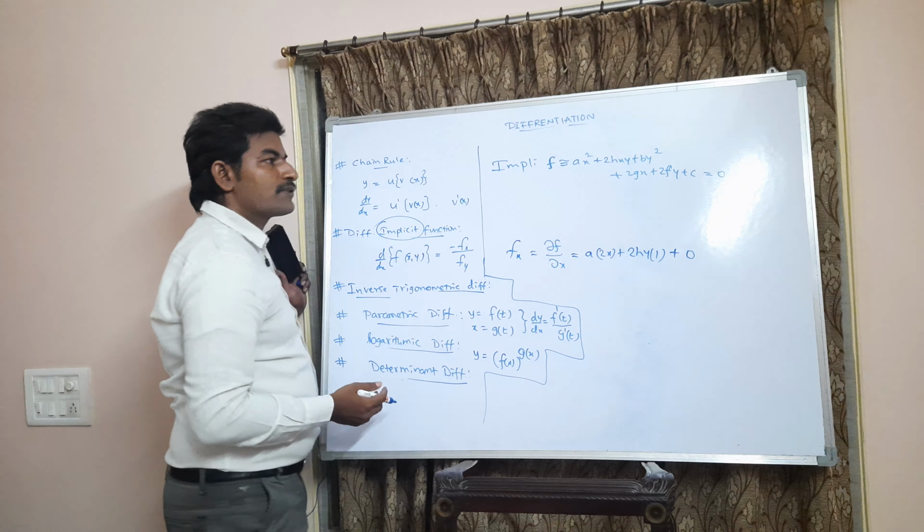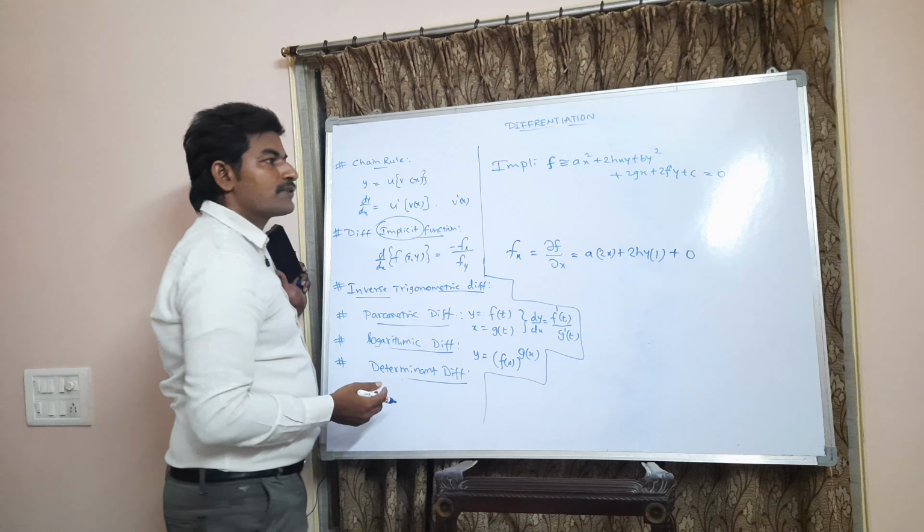And c is a constant, we know its derivative is 0. So this value is called dou f by dou x, or simply you can take this as fx. Both represent the same thing. And for the partial derivative, you have to use this rule, minus fx by fy.